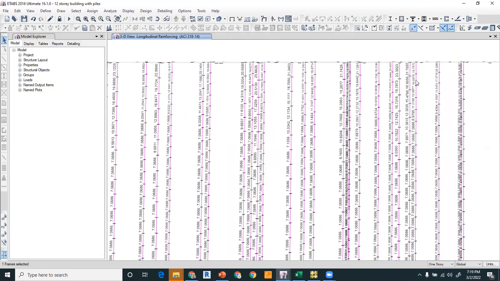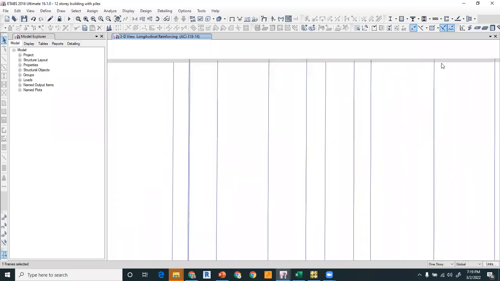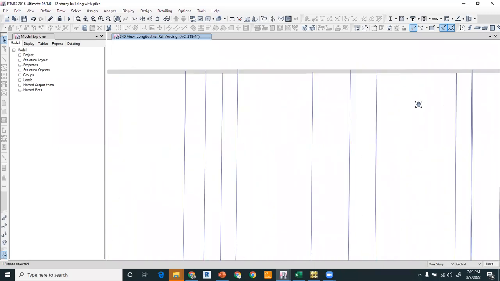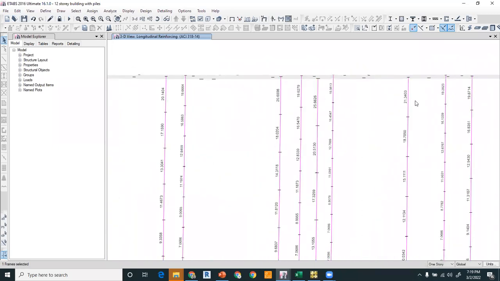Similar for the other column, it will give you the same, it will be greater at the top, because the load concentration at the junction with the raft is very high, right. So this is the overall procedure to design the piles.